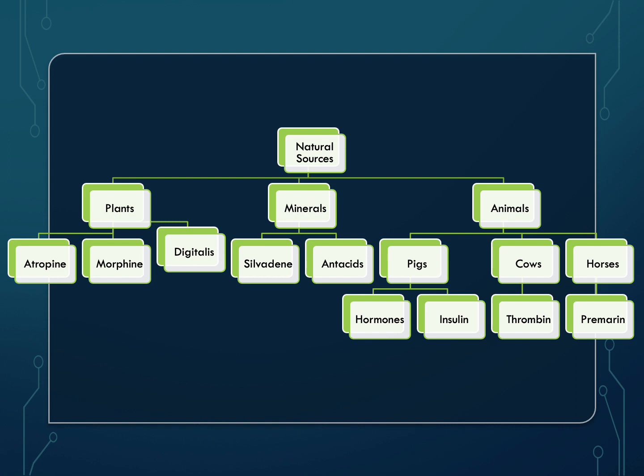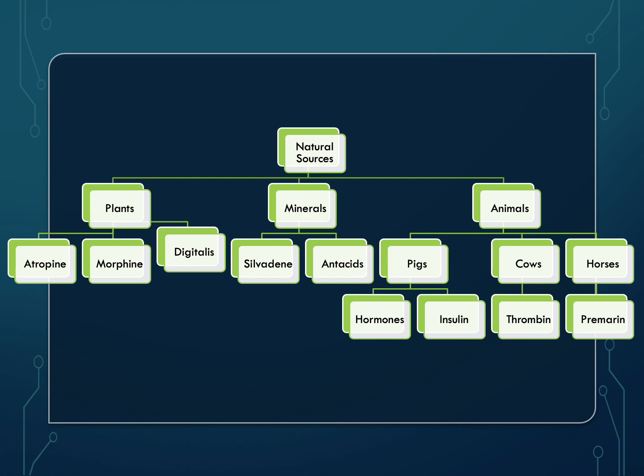Whereas atropine, that's a drug that reduces secretions and causes smooth muscle relaxation. It comes from the roots of a plant called the belladonna plant. And then lastly, digitalis is from the leaves of a purple foxglove, and it is used to treat problems such as arrhythmias and congestive heart failure. So those are just three examples.